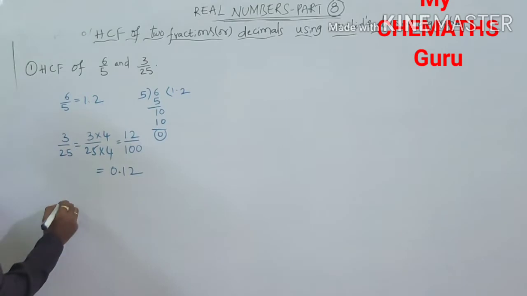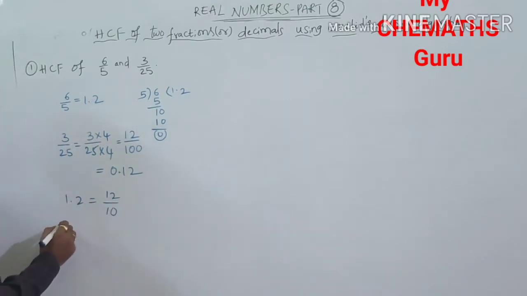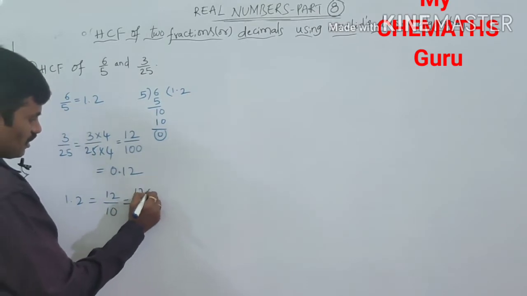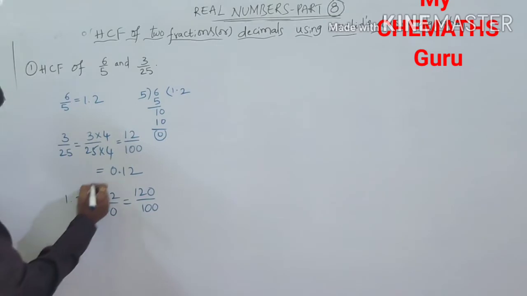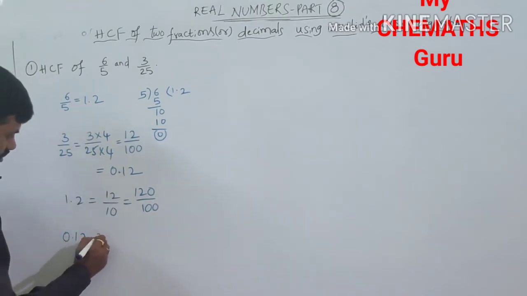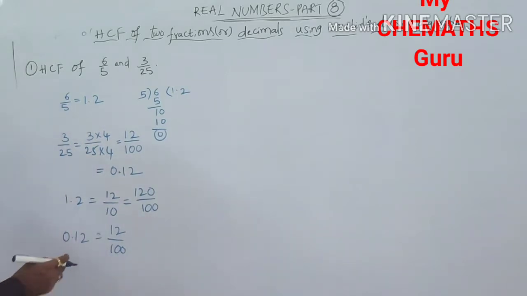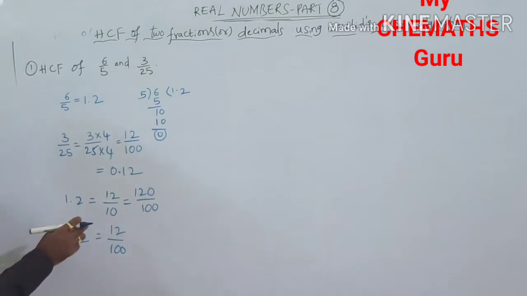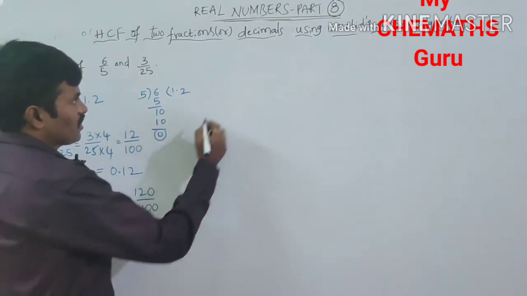Now 1.2 can be written as 12 by 10, and also as 120 by 100, and 0.12 can be written as 12 by 100. Now find the HCF of these two numerators. What are those? 12, 120.